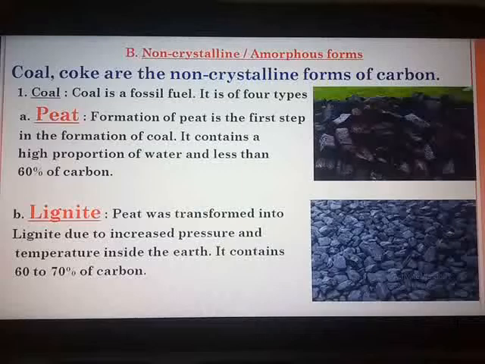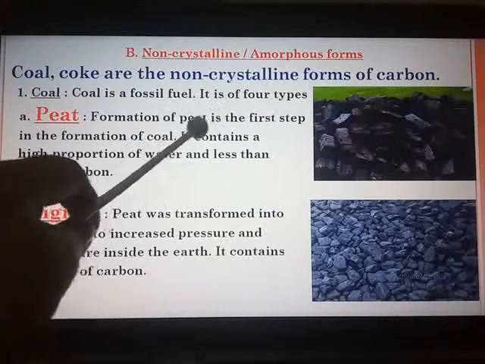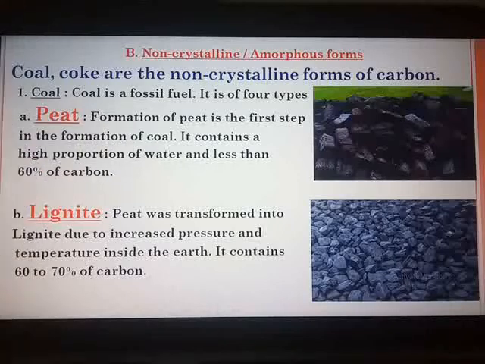Now this formation of coal took place in different stages, in different steps. So each type of coal is a step in its formation. So the first is peat. Formation of peat is the first step in the formation of coal. When you take admission in the school, until you reach the higher secondary, you have to travel through different steps.